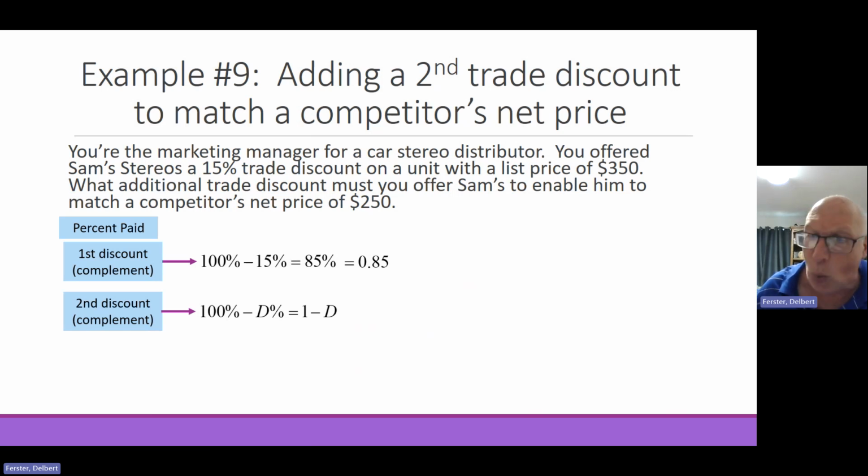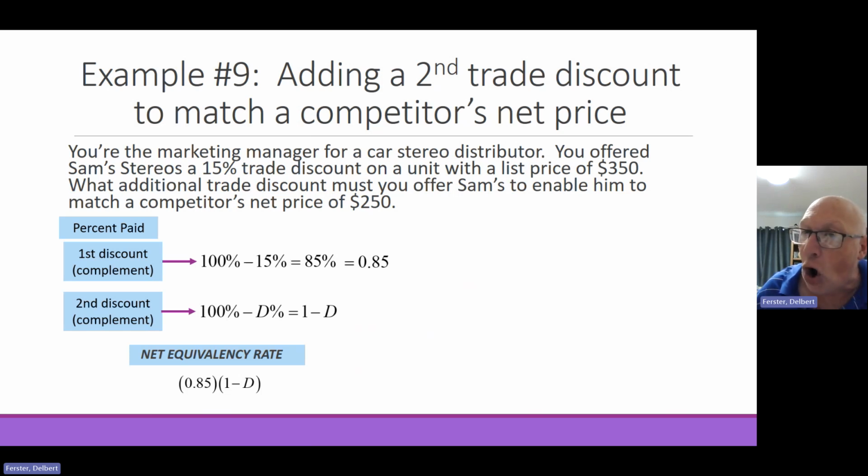So we're just going to leave that as 1 minus D as we work forward. So the same thing we did previously to get that net equivalency, the one-time deal, we're going to multiply them together. So 0.85 times 1 minus D. And you might look at that and say, I'm going to distribute that. You certainly could. As you're going to see in a minute, I chose not to. All right, so that's my single equivalency rate.